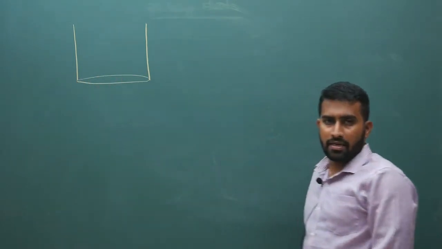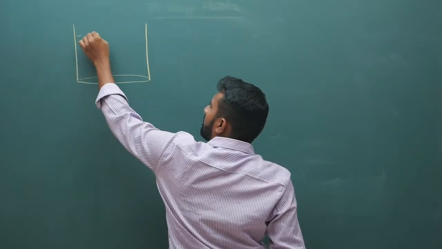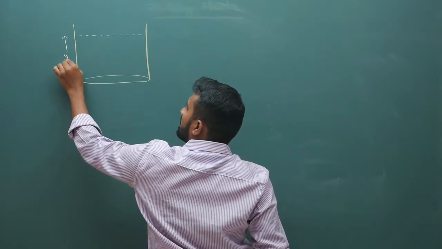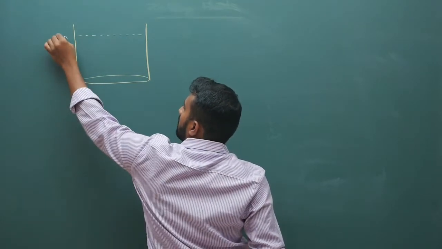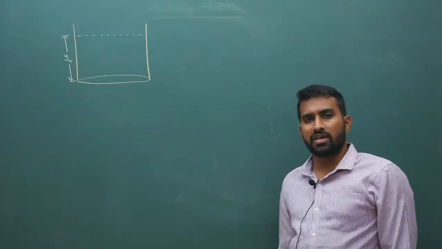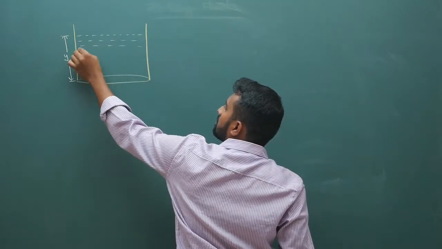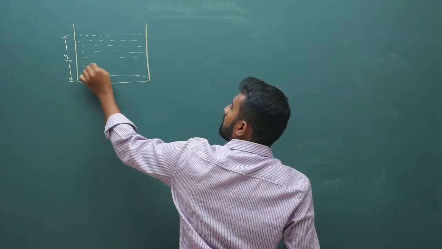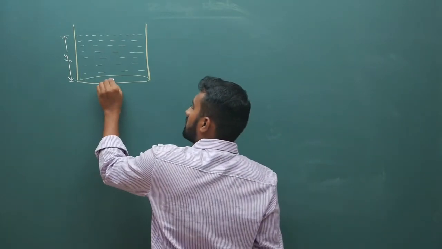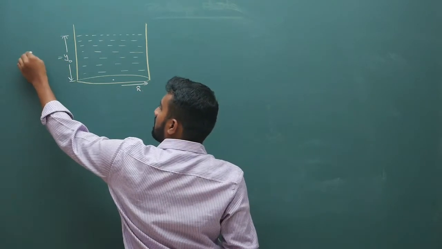Inside this container I am filling liquid up to a height, let us say y0. y0 is the height of the liquid before rotation starts. Rotation did not start yet. Let us say the radius is r, and y0 is the initial height.